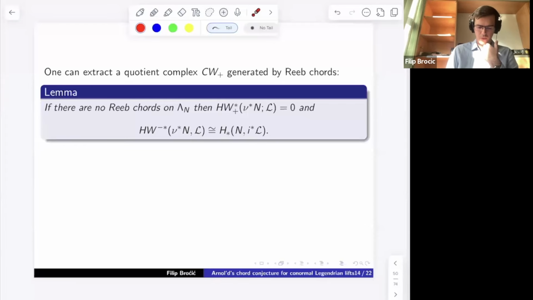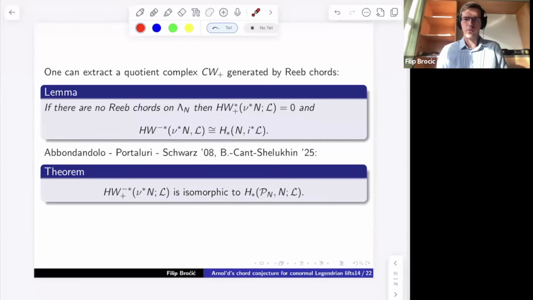And in particular, the full Floer cohomology is going to be isomorphic to the singular homology of the submanifold with pullback local system, where i is the inclusion of the constant paths into the space of paths with endpoints.